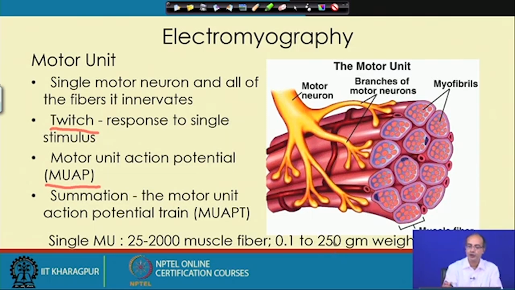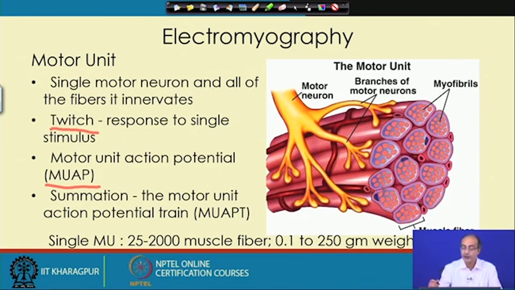So, the signal given by a motor neuron stimulates the fibers connected to it, and the potential generated by the action potential of all those muscle fibers is the motor unit action potential.